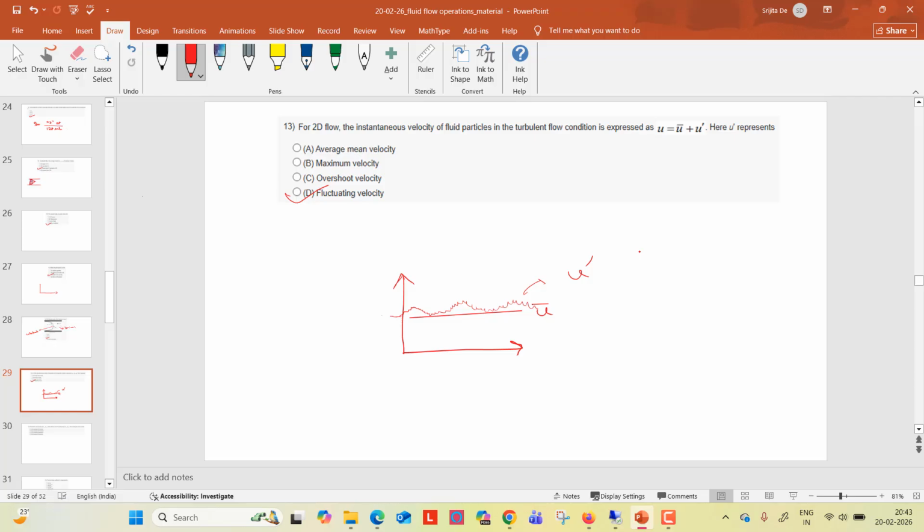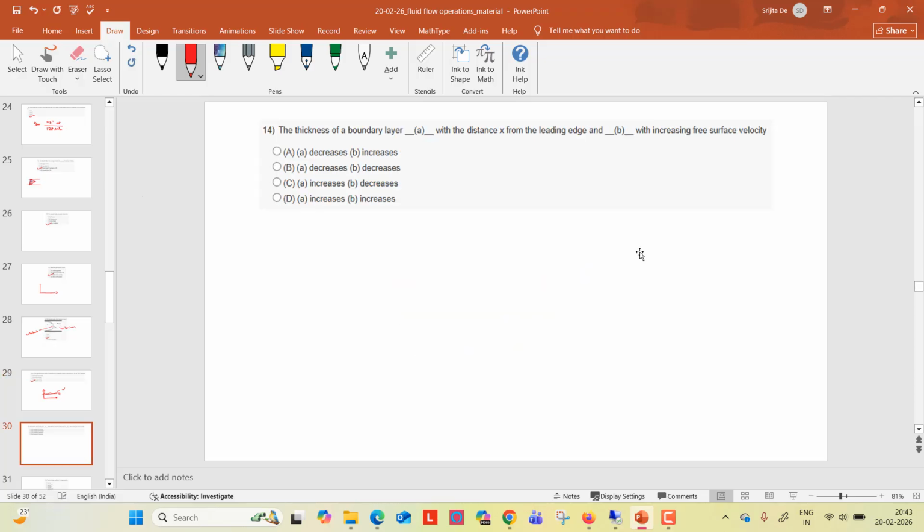Next, the thickness of a boundary layer with the distance from the leading edge with increasing free stream velocity. So what is the boundary layer? Basically it is the effect of the boundary.